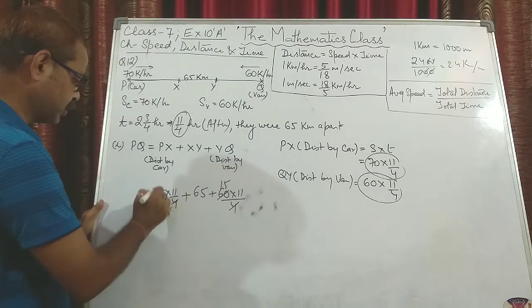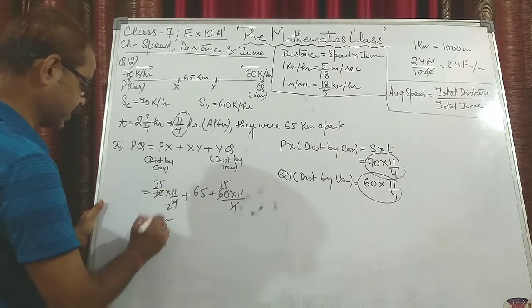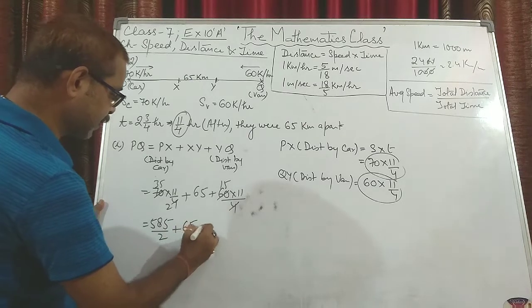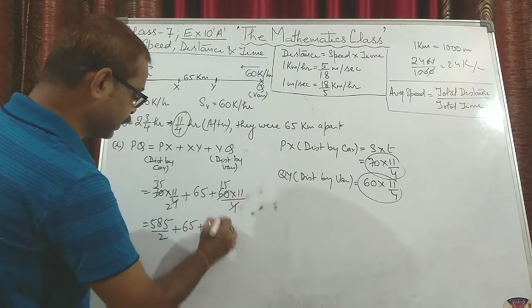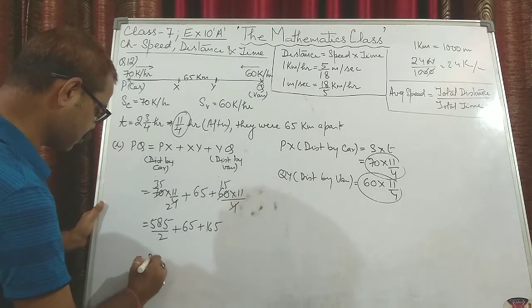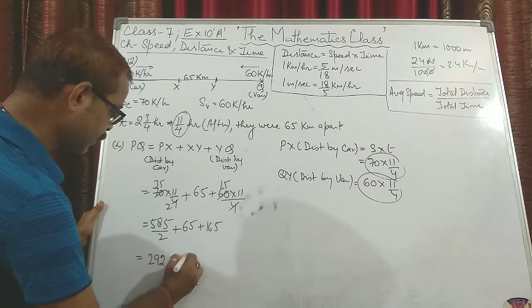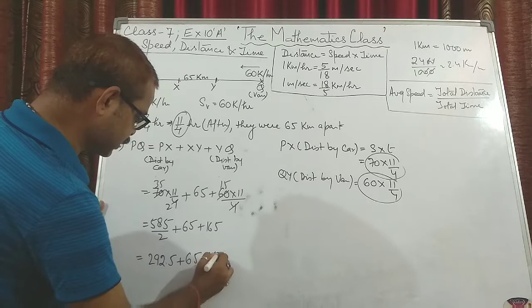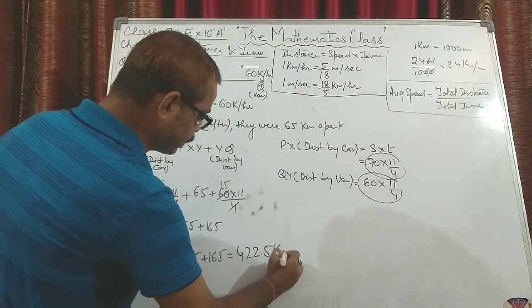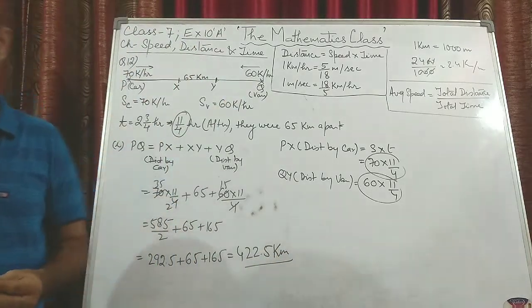This will be 385/2 plus 65 plus 165. When we add, we will get a total of 422.5 kilometers as the distance between point P and point Q.